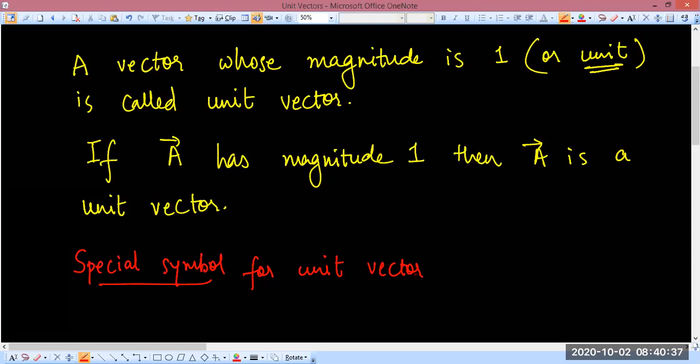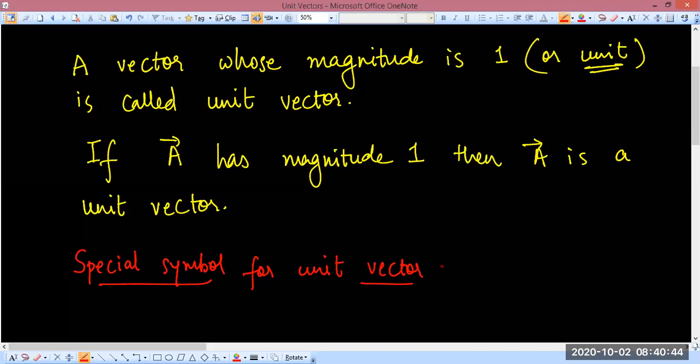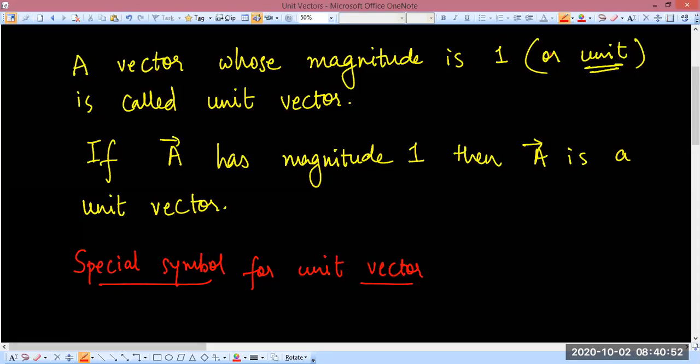Along with that, there will also be a slightly different sign. So what's that sign? Well, here, this. On the top of the symbol, you write an upward arrow like this. This is the symbol of unit vector.